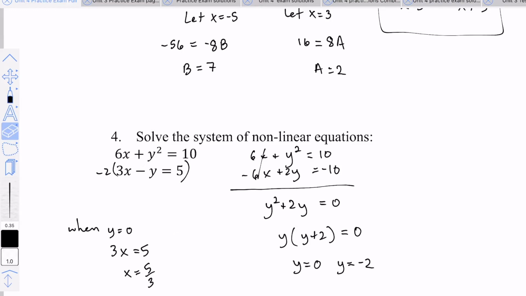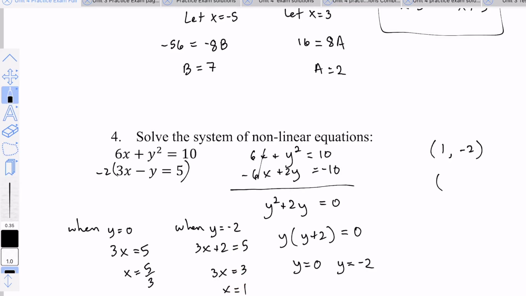When y equals -2, here we're going to have 3x subtract -2, which is +2. So 3x equals 3, x equals 1. So we have two solutions here. When x equals 1, y equals -2. And when x equals 5/3, y equals 0.